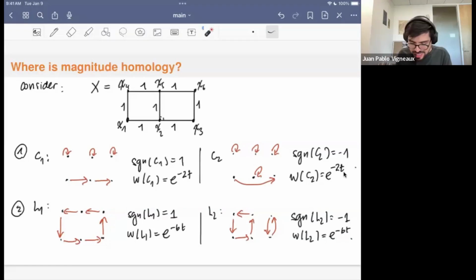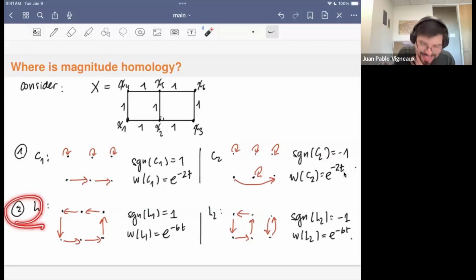This is precisely what's happening here, because we're able to remove this point, keeping the length. So we could say that this thing going from 1 to 3 is the boundary of this path in magnitude homology. And because we're only putting a self-loop here, we're preserving the weight even in this more general setting of connections. So there should be something like magnitude homology behind this.